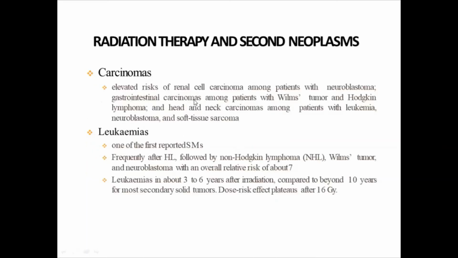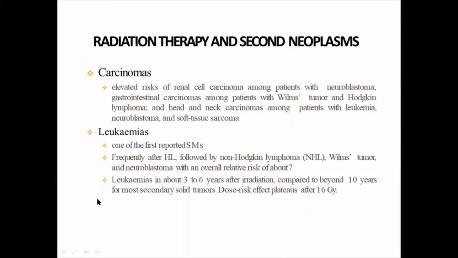For carcinomas, there is elevated risk of renal cell carcinoma among patients with neuroblastoma, GI carcinomas among patients with Wilms tumor and Hodgkin's lymphoma, and head and neck carcinomas among patients with leukemia, neuroblastoma, and soft tissue sarcoma. Leukemias are one of the first reported secondary malignancies, frequently after Hodgkin's lymphoma, followed by non-Hodgkin's lymphoma, Wilms tumor, and neuroblastoma.